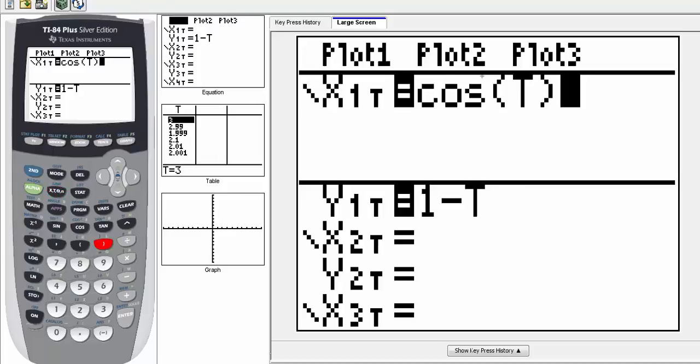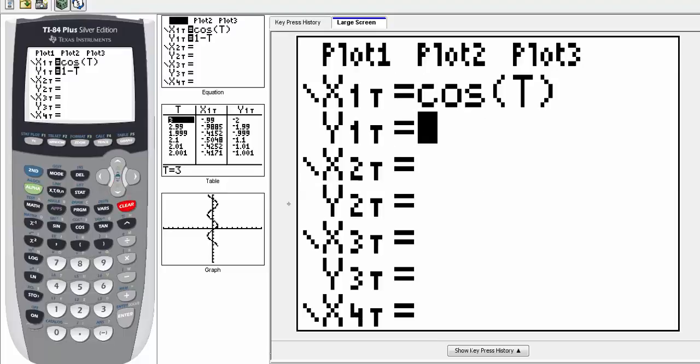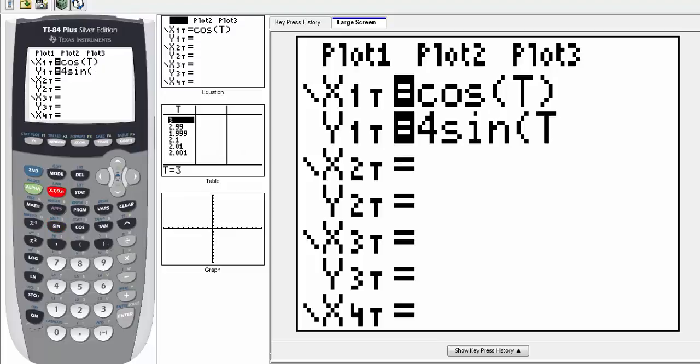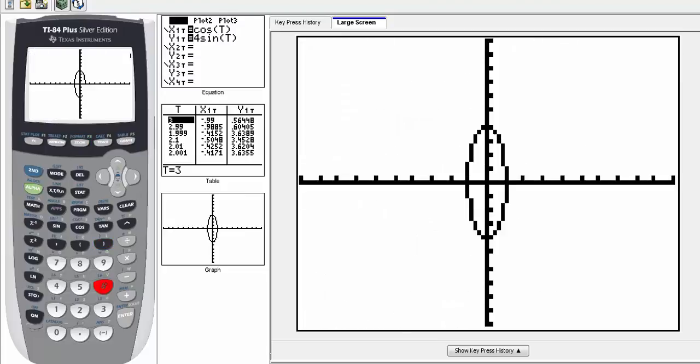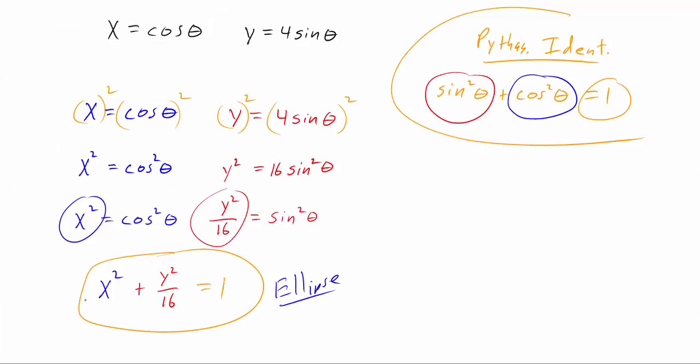Now again, it's going to use t because we're in parametric mode, and that's perfectly fine. And we'll go down to y equals, and we'll type in 4 sine of theta. And then I'm going to hit zoom 6, which is zoom standard. And you'll notice here we certainly do end up with an ellipse. So that verifies that this equation is correct.